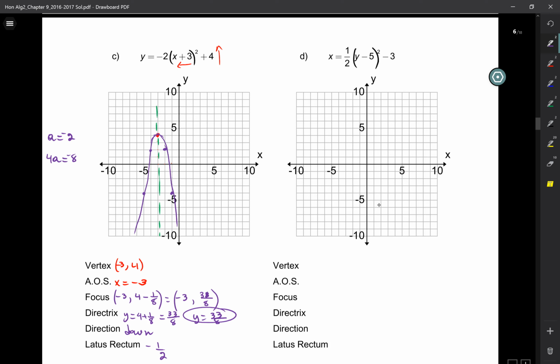So where is the vertex here? The Y value is 5 and the X value is negative 3. Okay? So it's at negative 3 and 5. And now if I go up 1, I go over 1/2. If I go up 2, I go over 1.